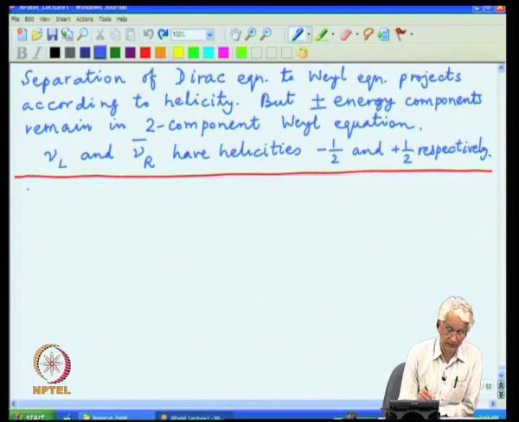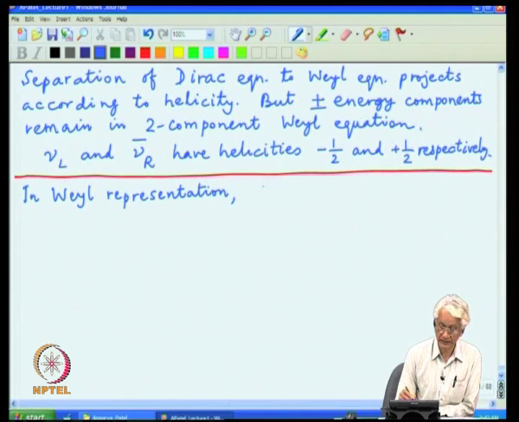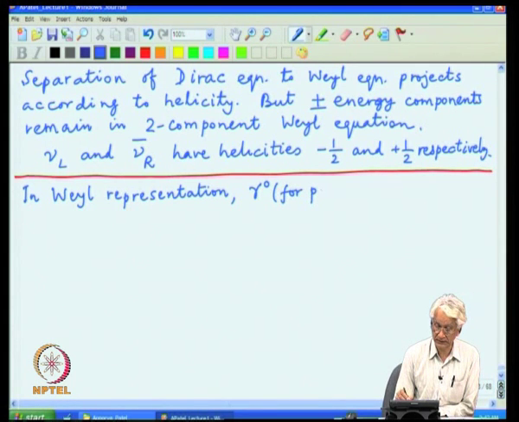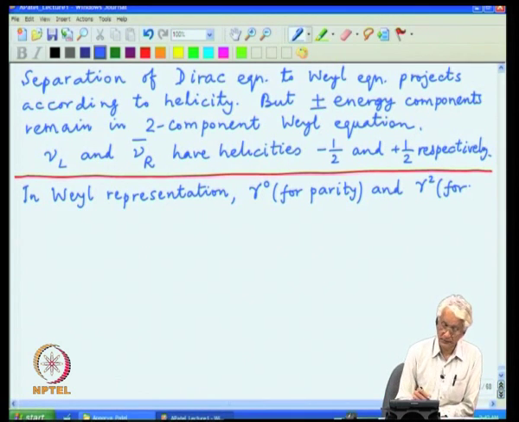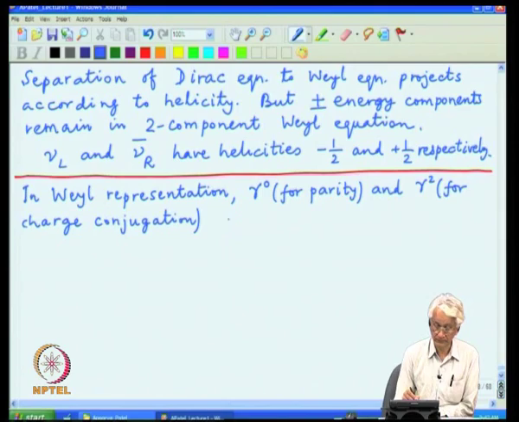In particular, in Weyl representation, both the matrices, which is gamma 0, which is the transformation for parity, and gamma 2, which is the matrix needed for charge conjugation transformation, are off diagonal matrices.